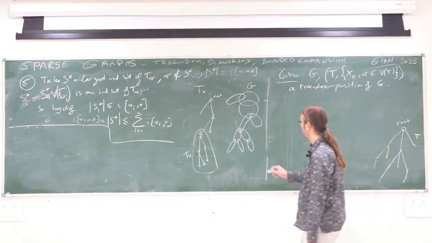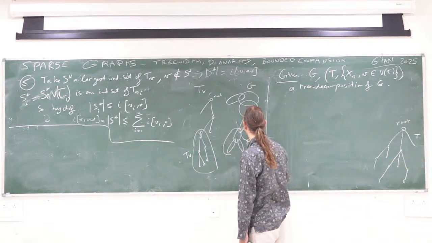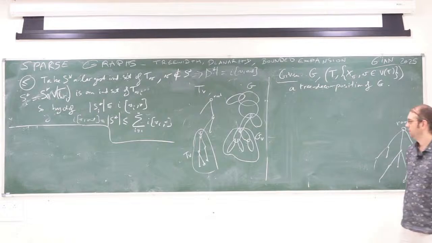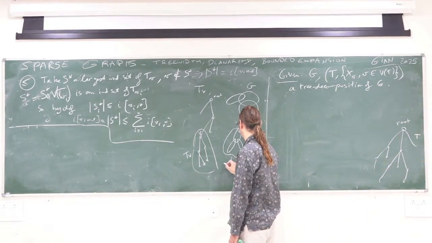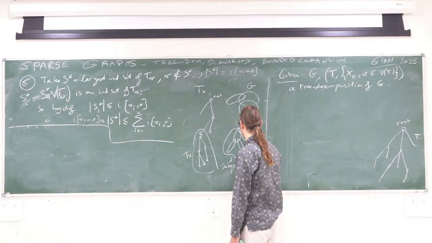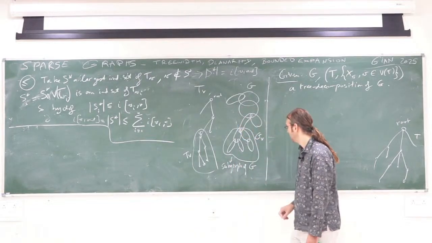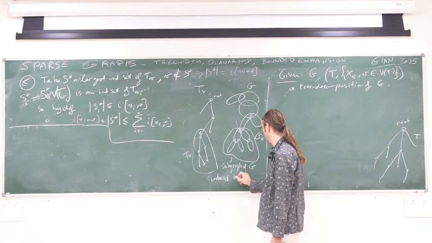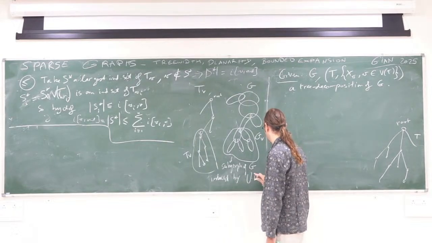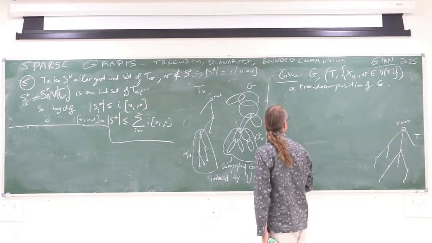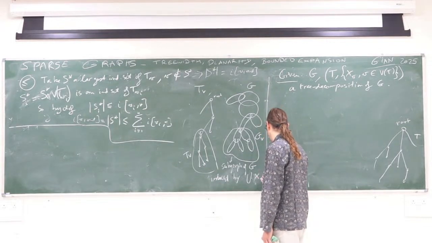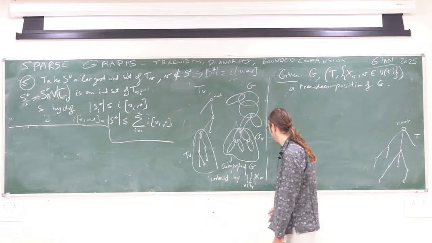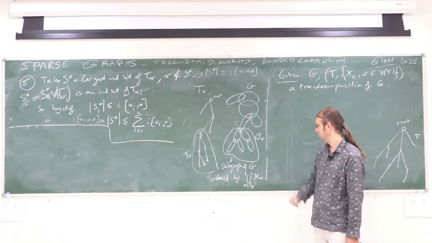So this subgraph, I'm calling it G_V. What is it? Formally, it is the subgraph of G induced by the union of the bags of T_V. So for all the nodes in T_V, I take the union of their bags.